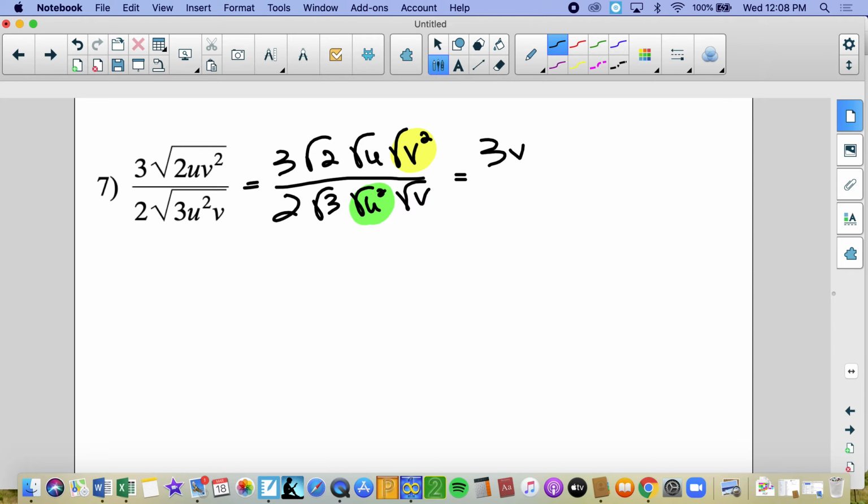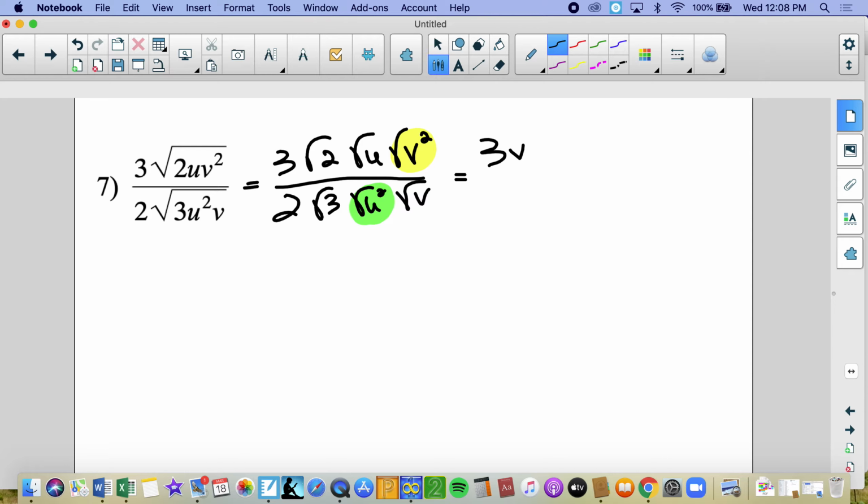And what am I left with in the denominator? I'm left with 2u times 3v, rad 3v times rad 3v is 3v. And I'm going to cancel this 3v in the numerator with that 3v in the denominator. And my final answer is 6 rad 6 uv over 2u.